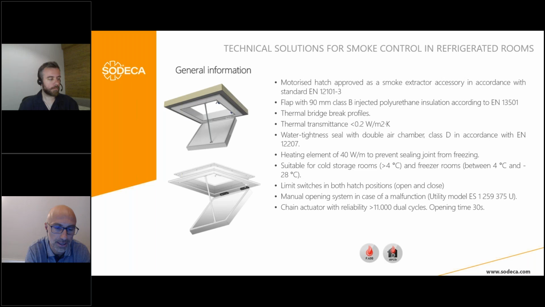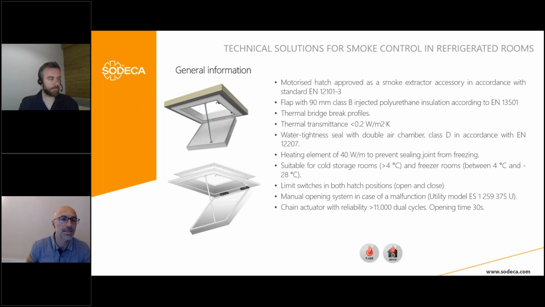This is very important. We can use this fridge flap damper with one SODECA extract fan, for instance F300 or F400, because this damper is approved as an accessory of an extraction fan. So you can perfectly use it for smoke extraction.